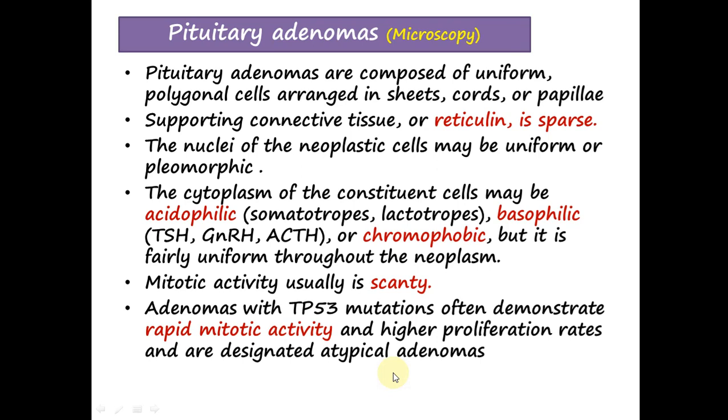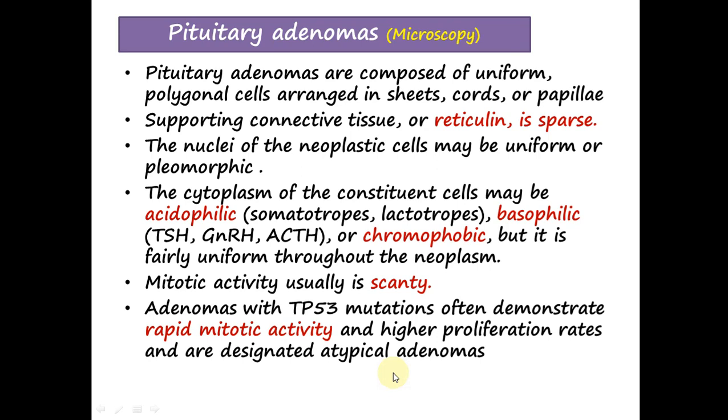They have basic characteristic and they will take the acidophilic stain, which is the eosin stain, the hematoxylin eosin stain that we commonly use in the histopathology lab for staining cells. So the somatotroph and lactotroph adenomas will appear pink because they will take the acidophilic eosin stain.